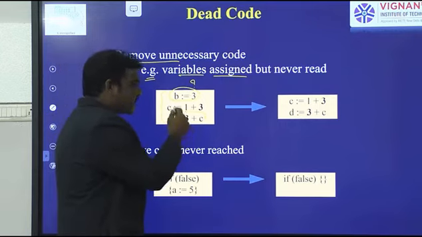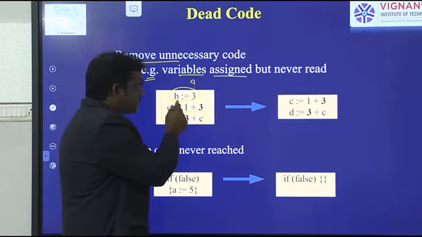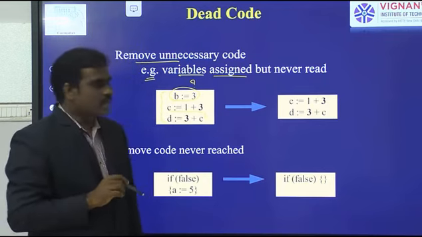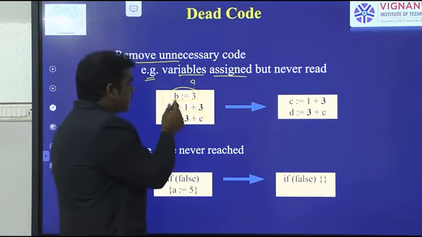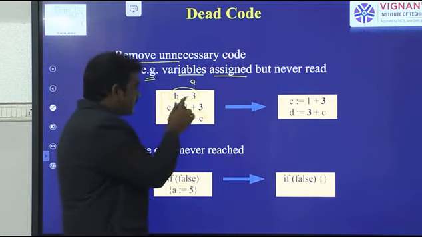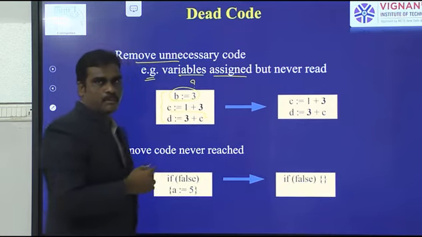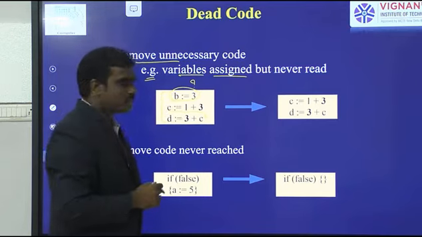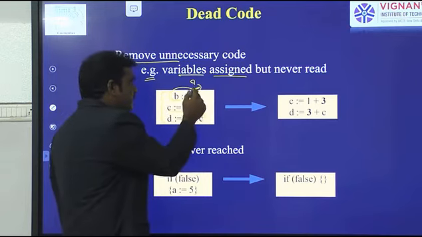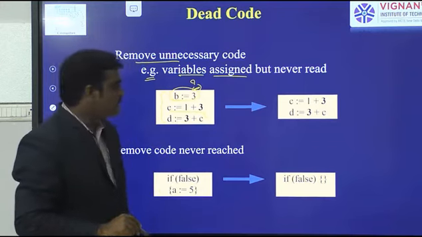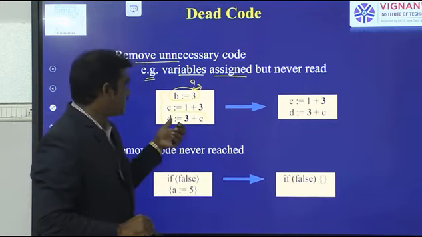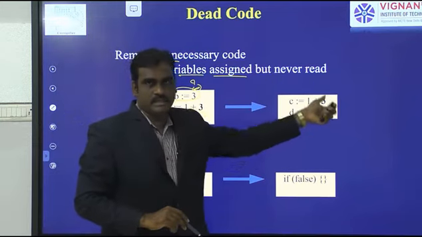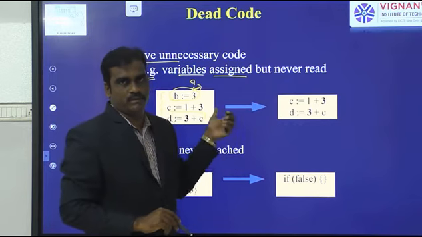In the entire block, we never used the variable b. If we remove b, there is no change in the existing block. So we can simply remove the variable b. After removing it, we write c equal to 1 plus 3 and then d equal to 3 plus c. So this is the dead code variable.